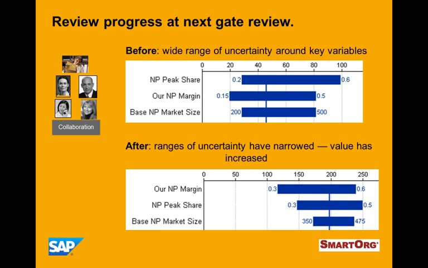And now, after we have reviewed and updated the data, we find that the bars in the tornado chart have significantly narrowed. What this means is that through additional knowledge and such, we have reduced the uncertainties around these very key variables.